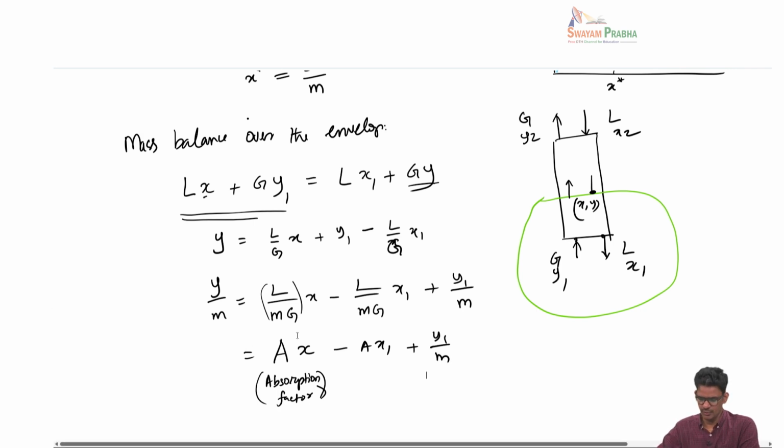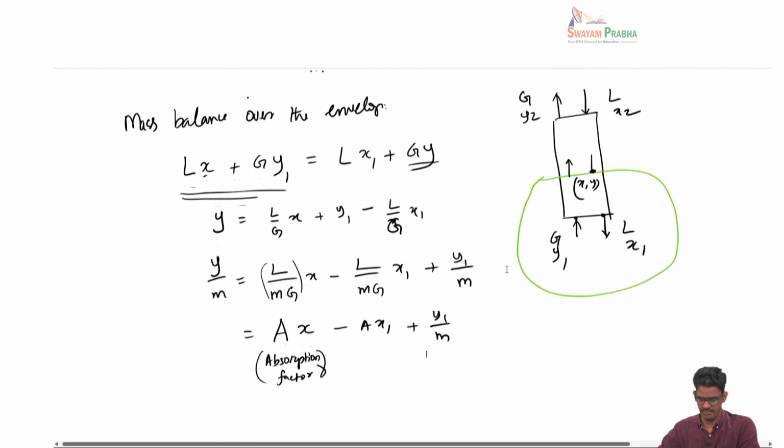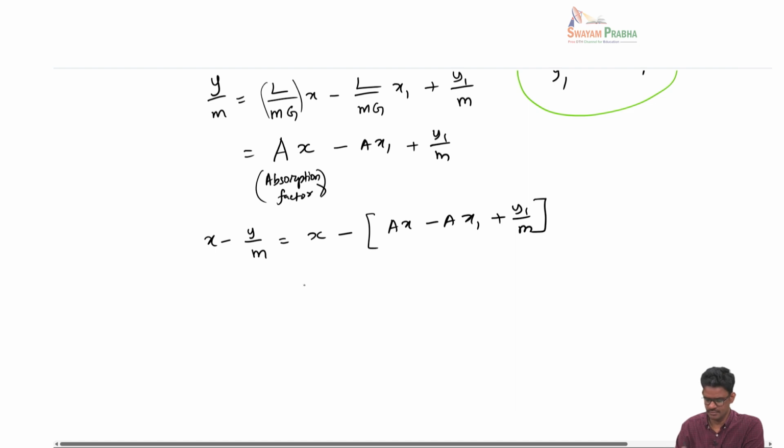So now I am going to use this y by m term to calculate this driving force, x minus y by m. So the driving force is x minus y by m, which is nothing but x minus Ax minus Ax1 plus y1 by m.